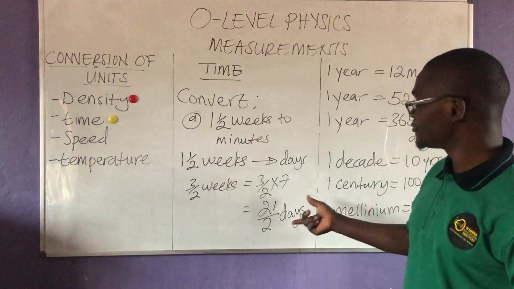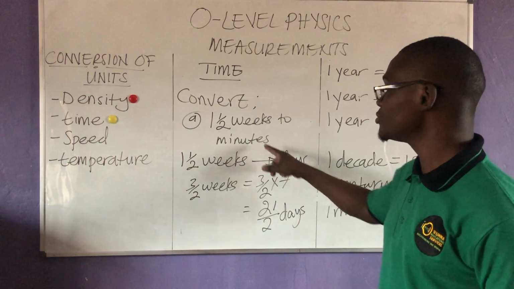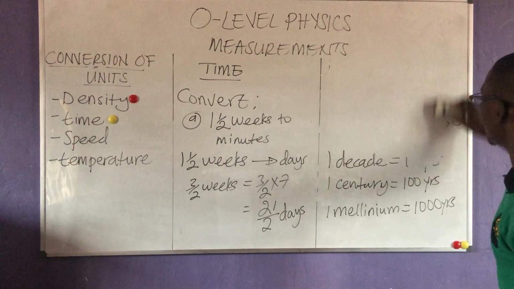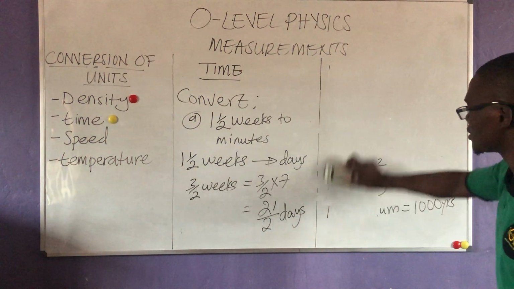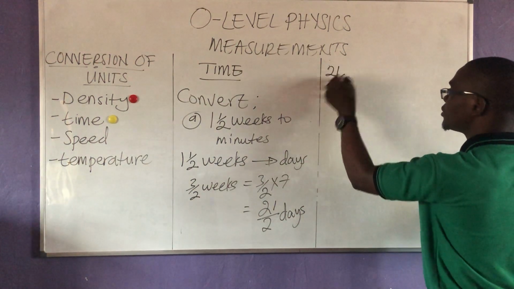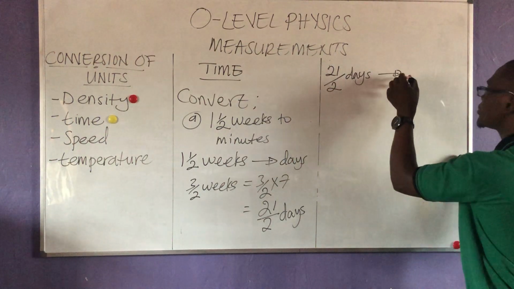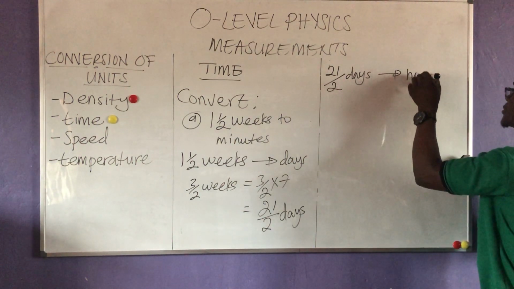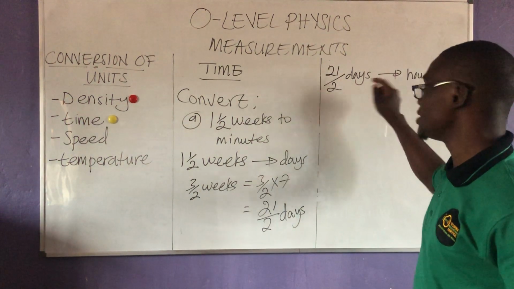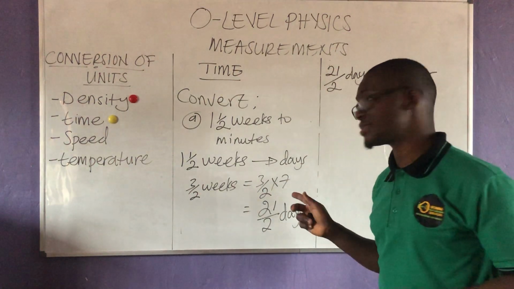Now we are going to convert from days to hours, and then from hours to minutes. So after obtaining our days, we are now going to change 21/2 days to hours, because there is no direct relationship between days and minutes. Days are related to hours and hours to minutes.